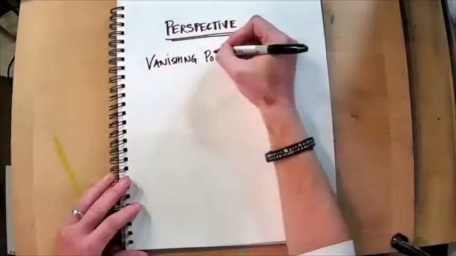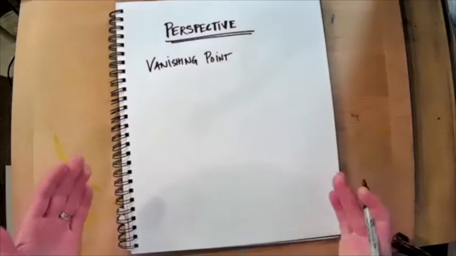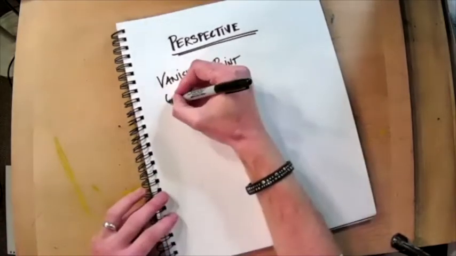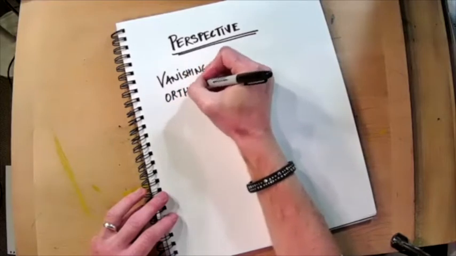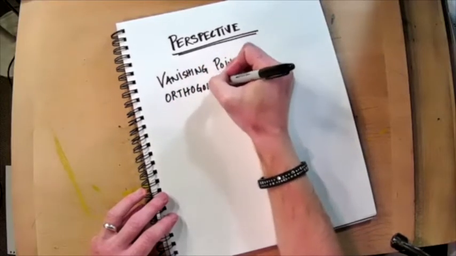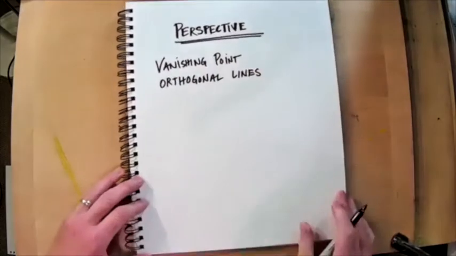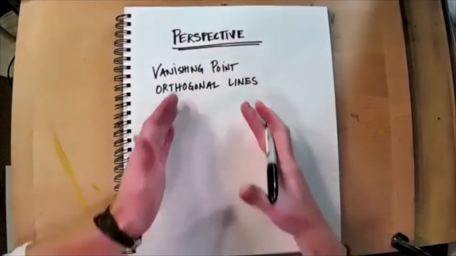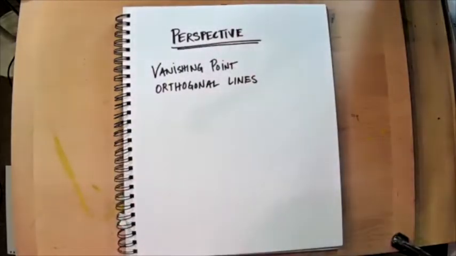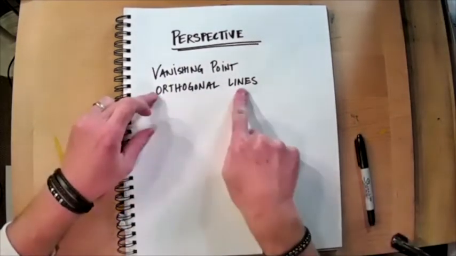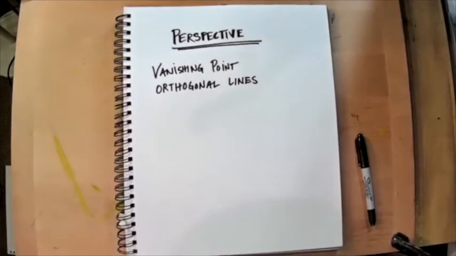That vanishing point is connected to, or those lines are called, orthogonal lines. Orthogonal lines are like the 2 lines of the train tracks, lines that converge to a vanishing point. So any line that converges to a vanishing point is an orthogonal line.